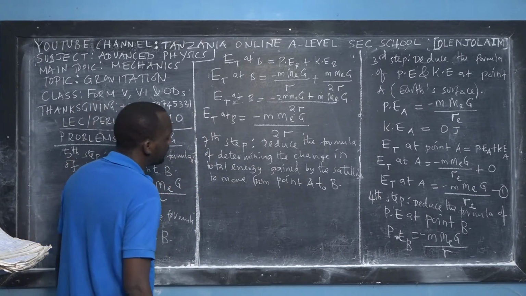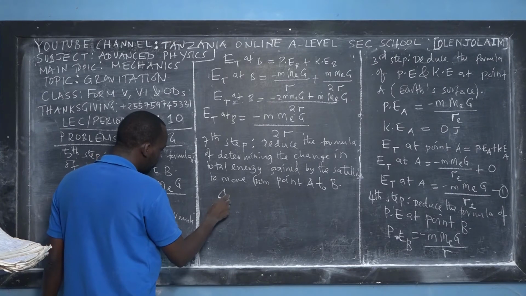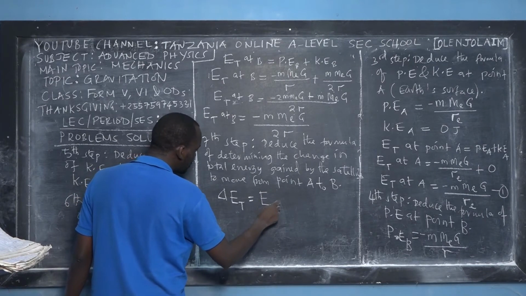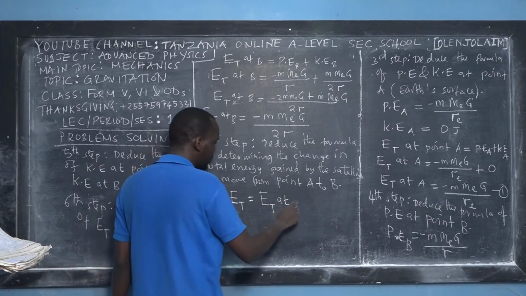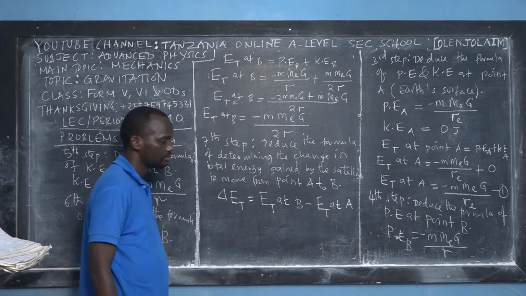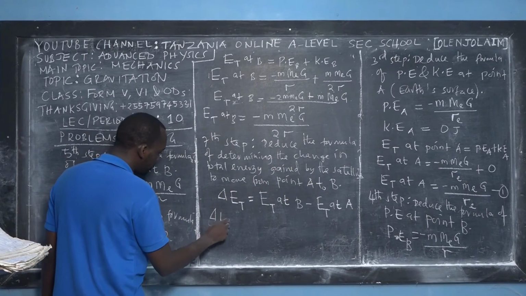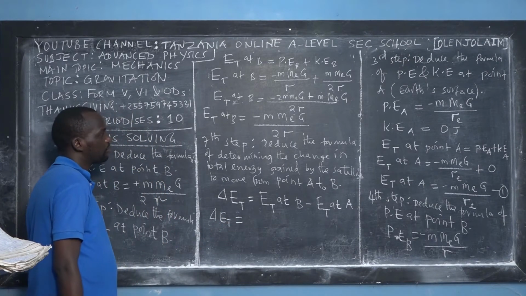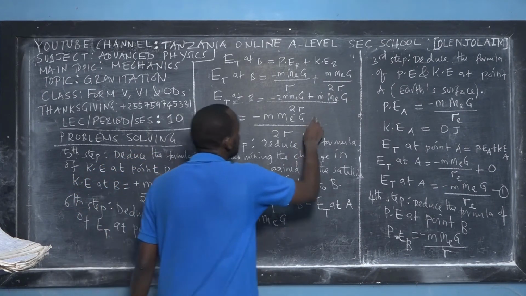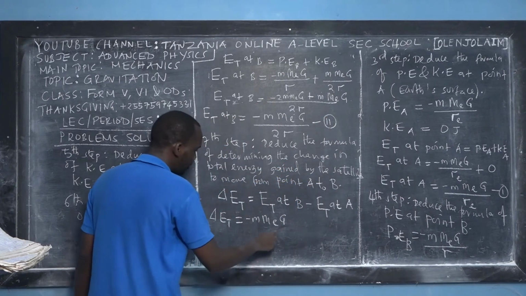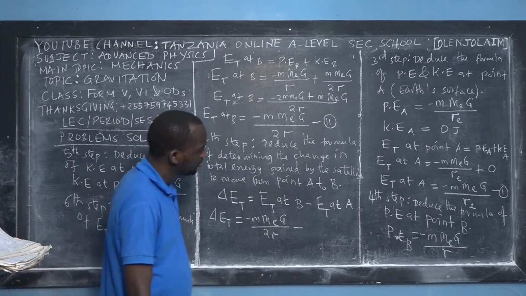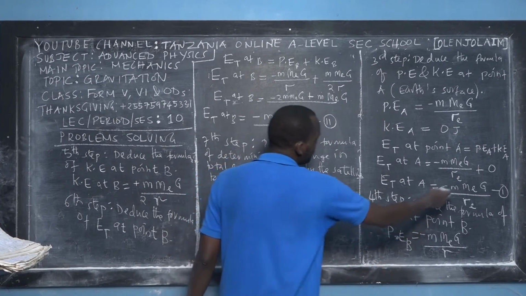Okay, so you say that now change in total energy, E total, is equal to total energy at B, the highest point, minus total energy at point A. So the total energy at point B is equal to negative mass of the S, so suppose that this is the second equation, divided by twice R, minus total energy at point A. Total energy at point A is this one.